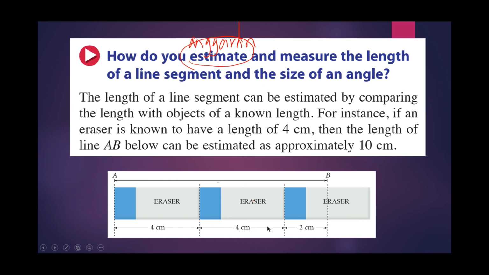After that, I make a marking. So I know 2 eraser already, it is already 8 centimeter. And then I add on again. Oh, there is half of the eraser, meaning it is 2 centimeter. So I know that the length of AB over here, the estimation is around 10 centimeter. So that is estimate. Estimate means without using ruler. When you estimate, you use object to estimate.